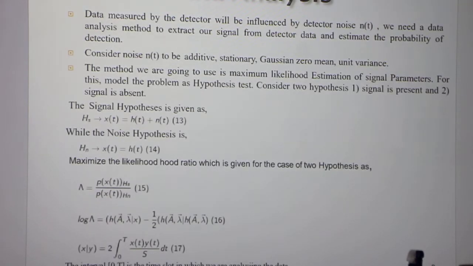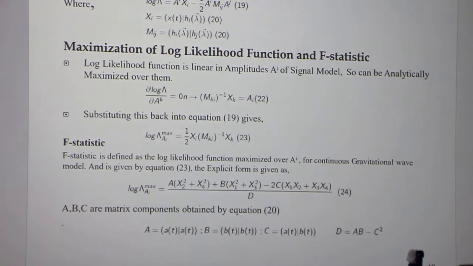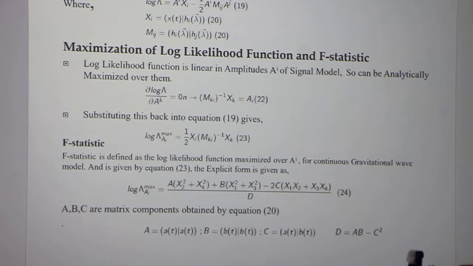Yeah, so then we define the data analysis technique. If we substitute our model signal here, then what we get is this kind of form where our log likelihood function is this, and the A_i are basically the amplitudes, and x_i and M_ij are defined like this.